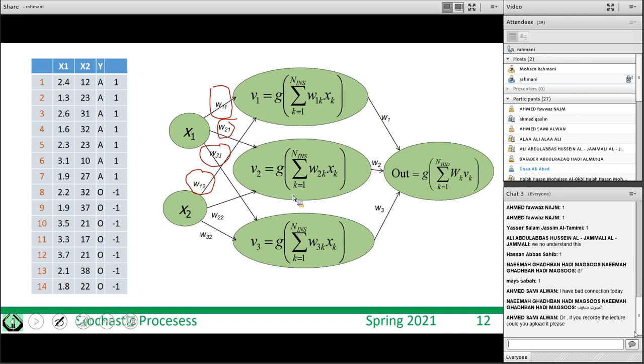But the fundamental idea is that here also we will calculate the weights by a formula similar to SGD. To make a conclusion: the SGD method is used to calculate the W's in a neural network.